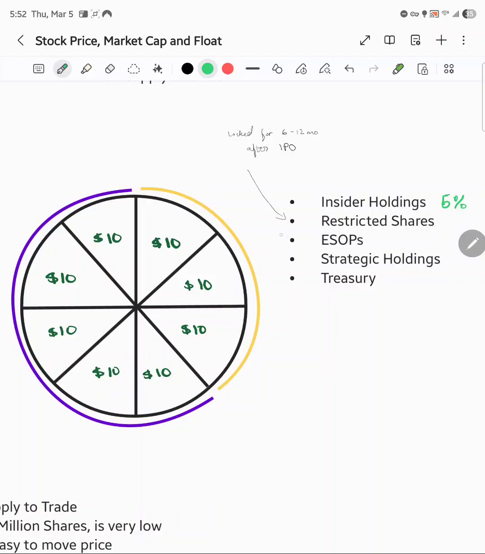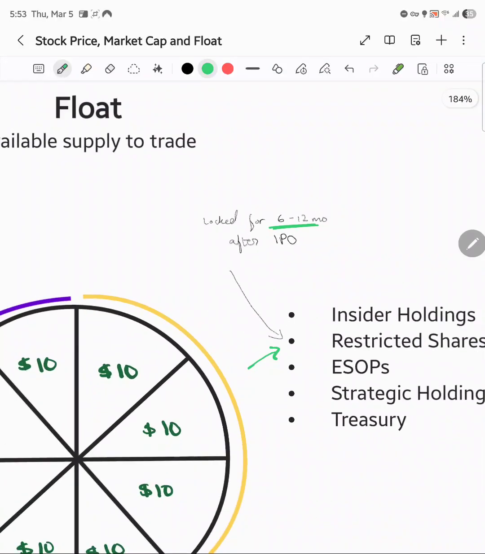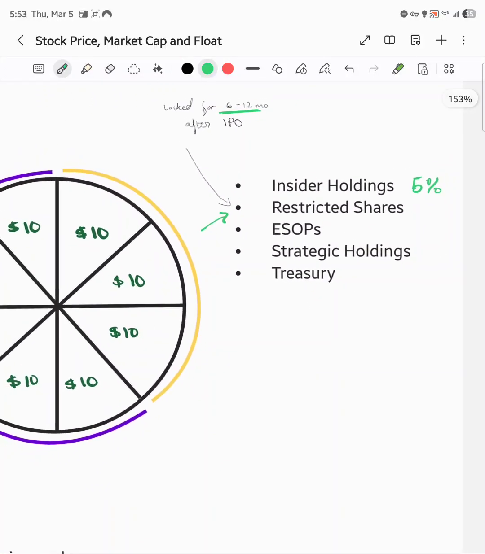And also restricted shares. Let's say a company does an IPO and the CEO or the founders get their shares. Typically, those shares are locked for about 6 to 12 months. Legally, they cannot sell those shares, okay? So those are restricted shares.